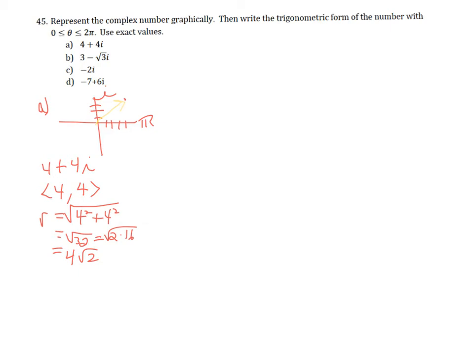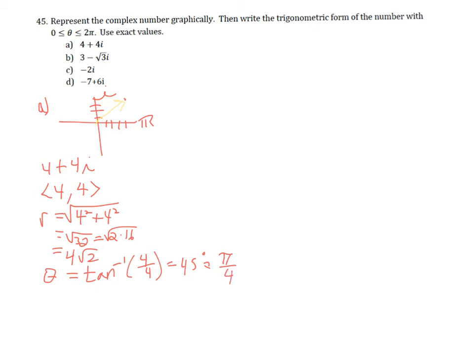Now, trigonometric form, we need our theta. Well, our theta is on the unit circle. That is the inverse tangent of 4 over 4, which is 45 degrees. Now, you'll notice that they use radians, so let's make that pi over 4.